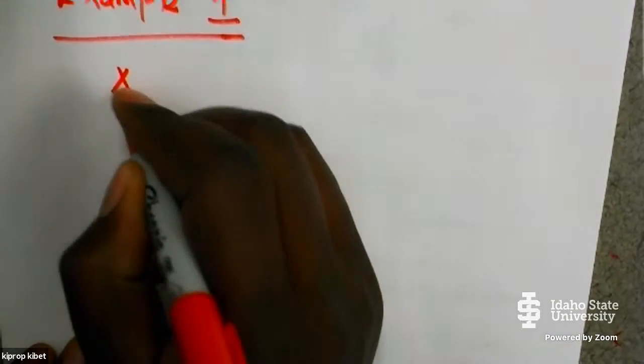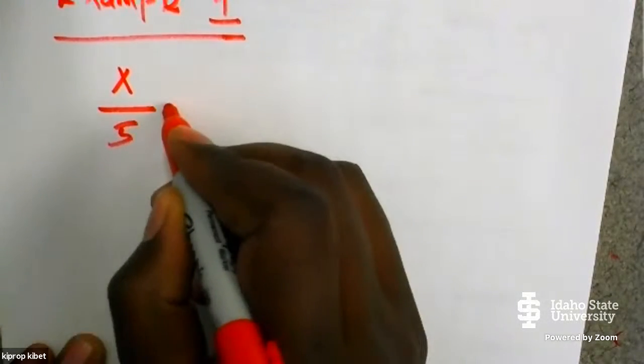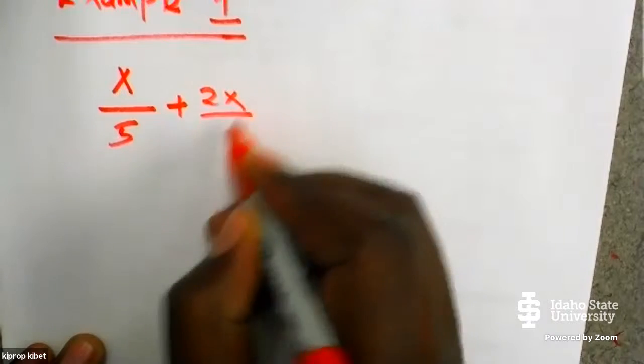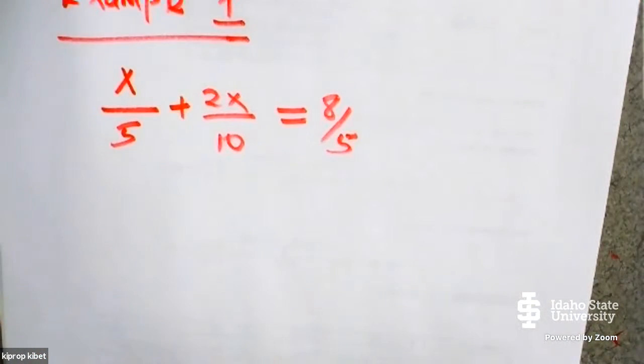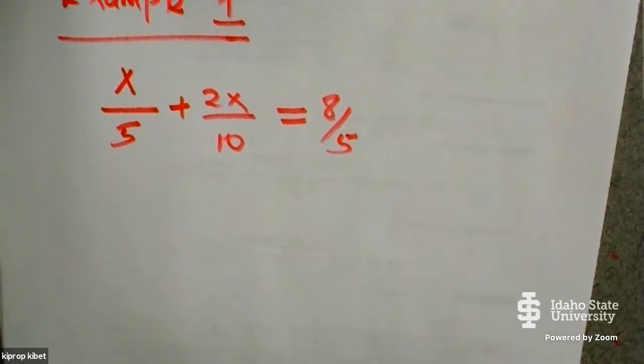Which we did. So what did we do here? x over 5 plus 2x all over 10 equals 8 all over 5. Solve that. We multiply by the least common multiple, or the least common denominator.